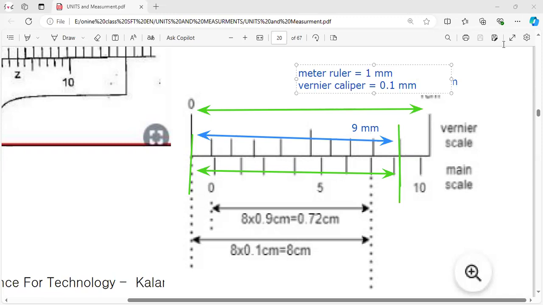So accuracy is somewhat increased. You can increase it even further if you are using the micrometer screw gauge. There's a different concept for the micrometer screw gauge. We'll talk about these things thoroughly again. I just want to show you several facts.